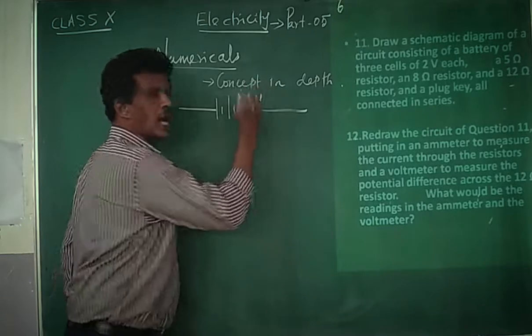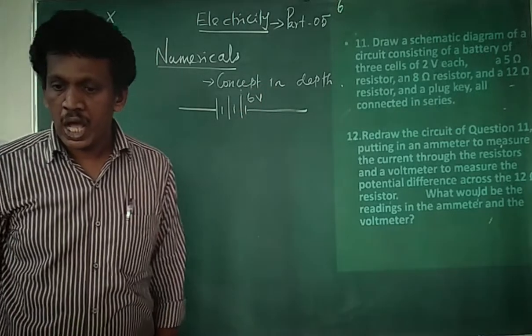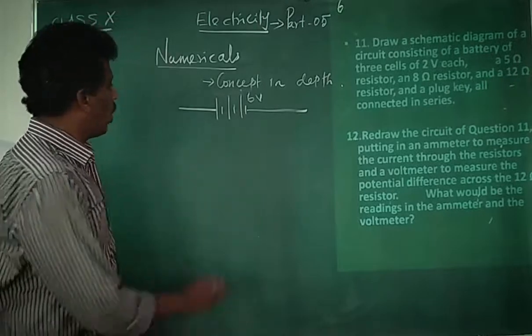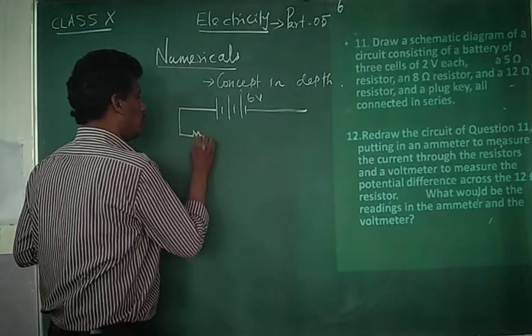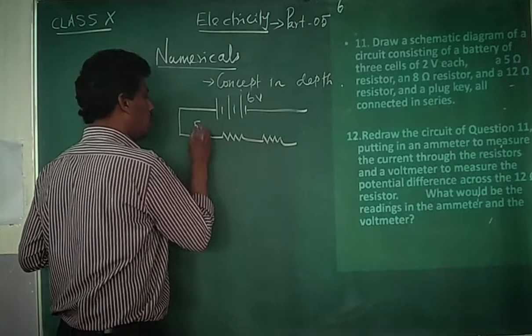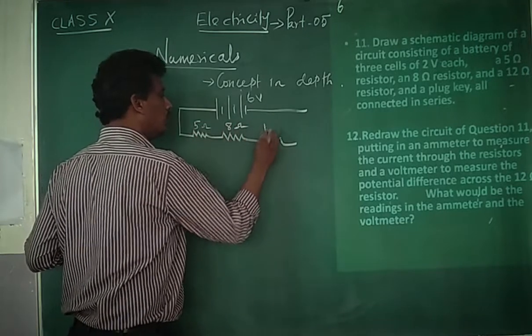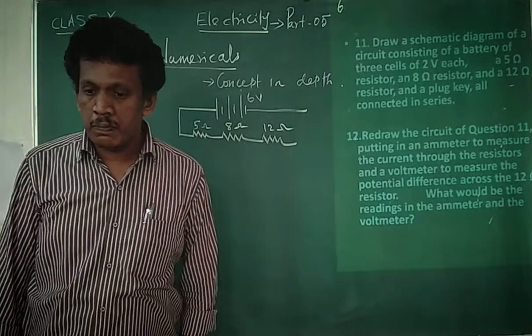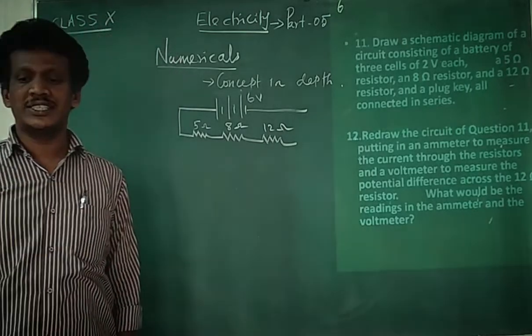So total how much do you have? 6 volt. And how many resistors are connected? 5 ohm, 8 ohm, 12 ohm. And they are all connected in series combination.